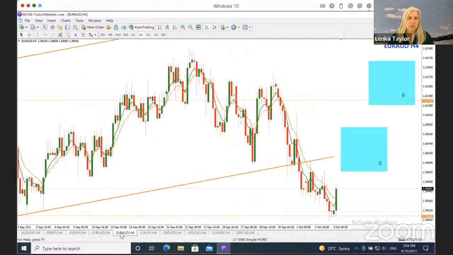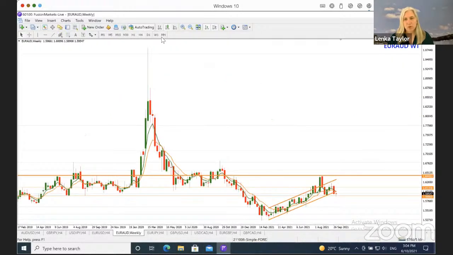Next currency pair I'm looking at is EURAUD. And EURAUD, I'm now looking for a short. So I would prefer to enter at the top of the channel and closer to the horizontal line. But at the moment, it looks like there is quite a bit of drop, and it looks like it may not reverse back up.